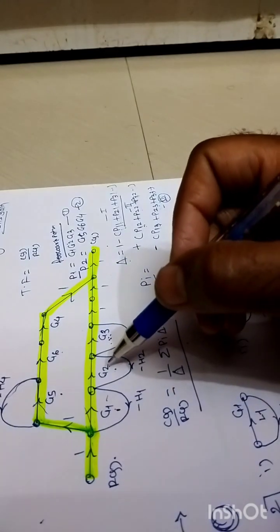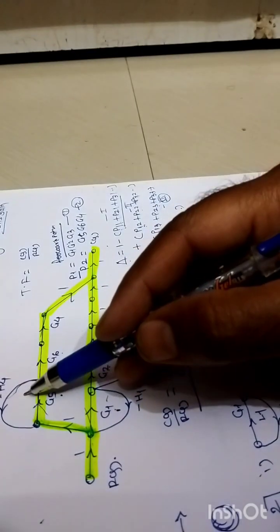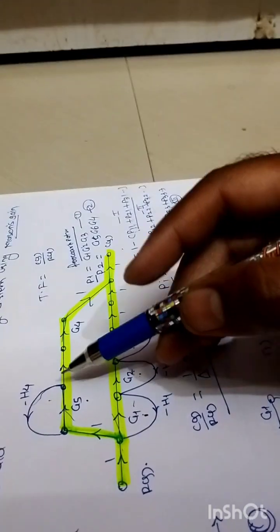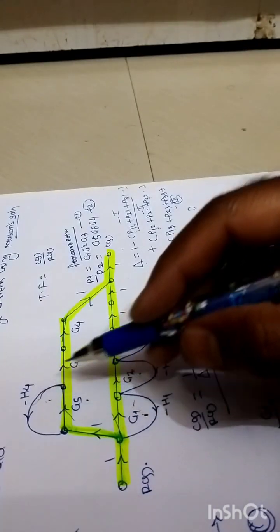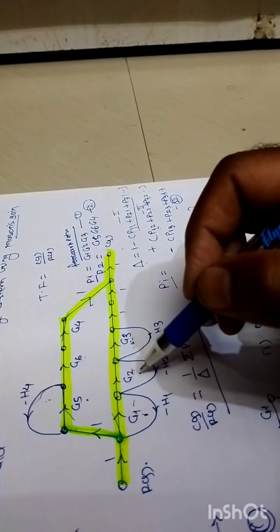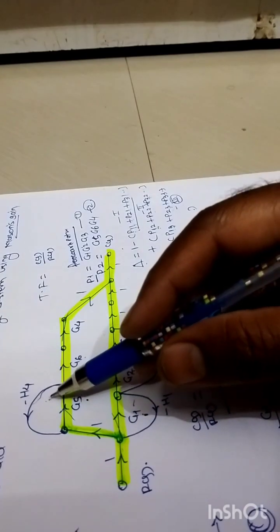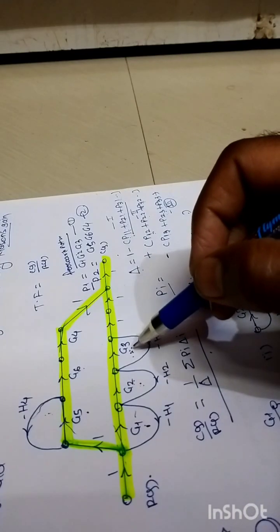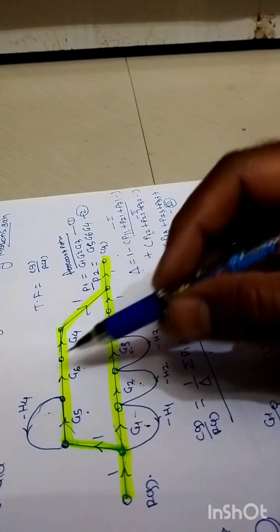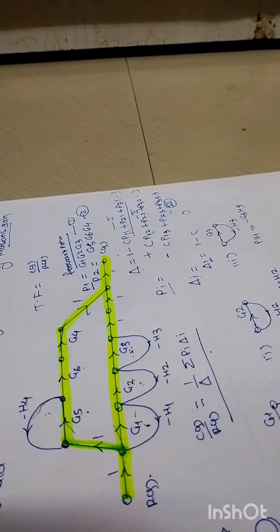But when we compare loop number 2 and loop number 4, as well as loop number 3 and loop number 4, loop number 2 and loop number 4 can be called non-touching loops, and the remaining pair of two non-touching loops will be loop number 3 and loop number 4, right?